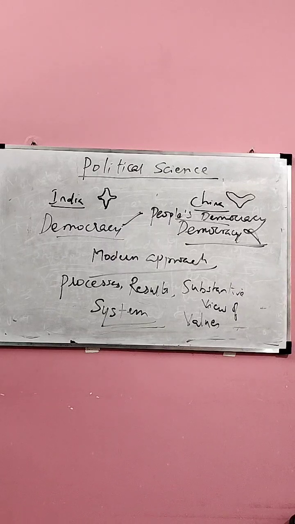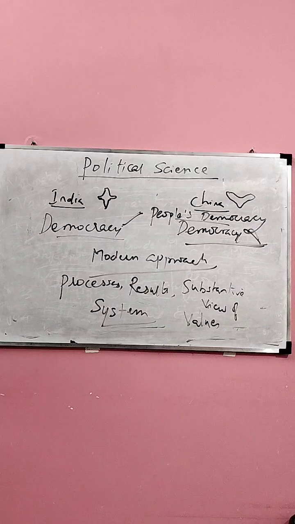Now let's apply the modern approach to the comparative politics of India and China, and we will get new insights into reality. Through the traditional approach, we were not able to obtain many insights because liberal democracy is already taken as a benchmark.